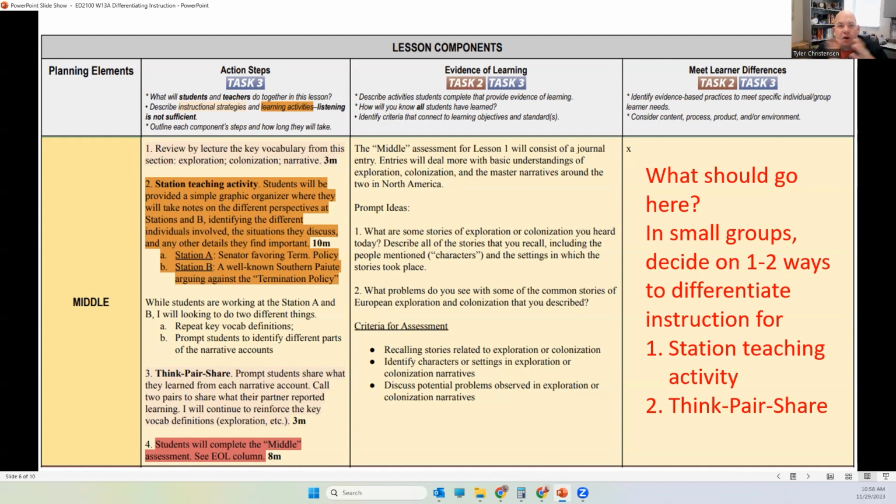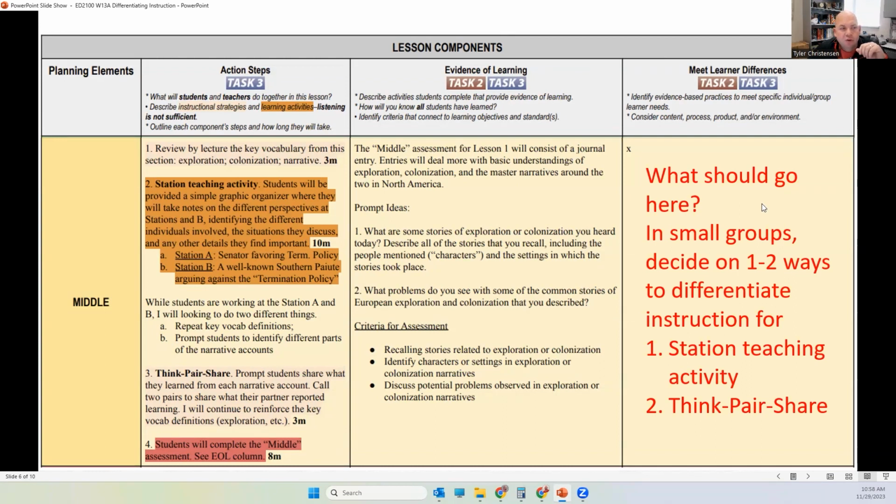Well, how can we differentiate instruction? So if we have students who are really struggling, maybe they're not ready for this learning activity yet, what might we do? Well, on your SUU lesson plan template, you have this third column, and it says meet learner differences, identify evidence-based practices to meet the individual or group learner needs, consider their content, process, product, and or environment.